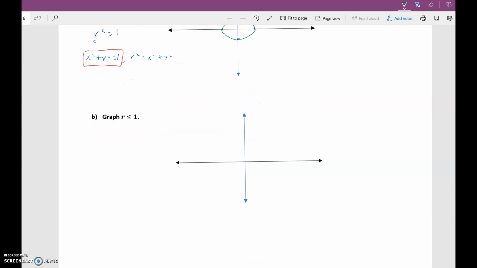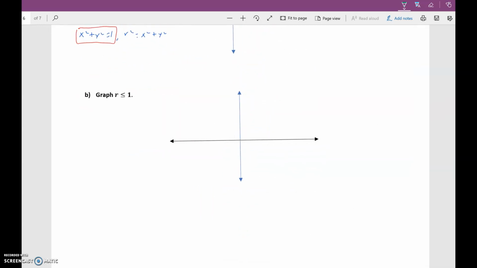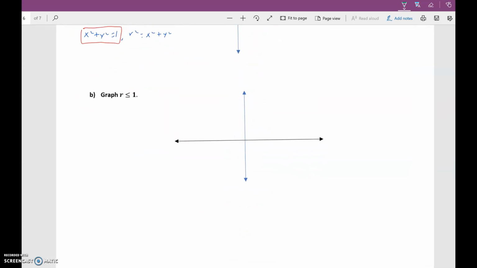Now, take a look at problem B, and it said r is less than or equal to 1. We already know that r is equal to 1 represents a circle of radius 1. So this is going to be our circle.